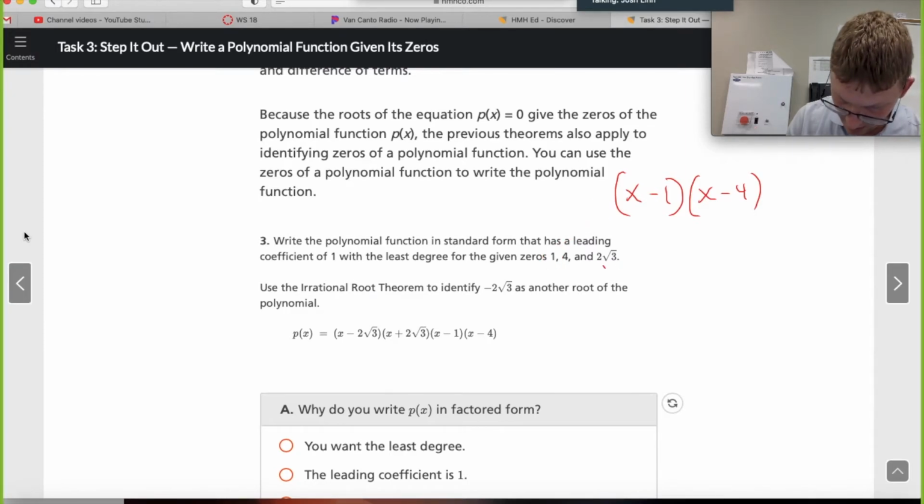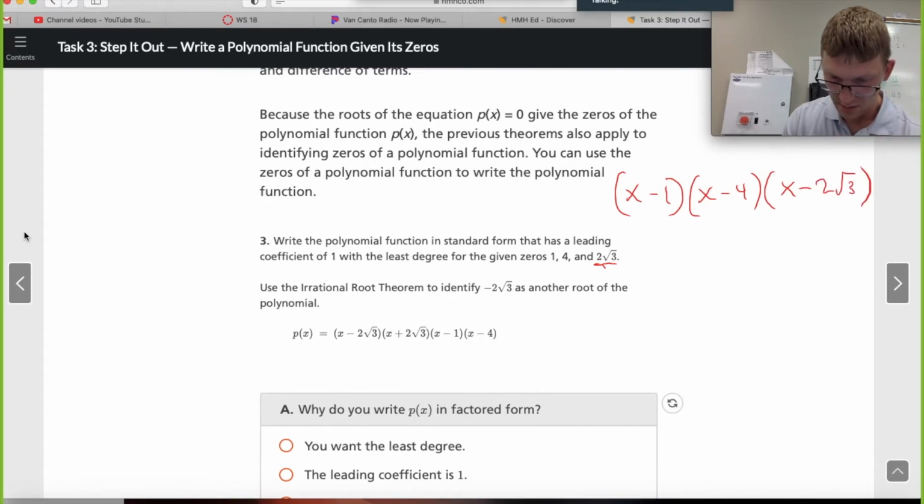Then we've got this guy, so we're going to have x minus 2 square root of 3, because this is positive, we plug that in there, we're going to get a root. However, because of the irrational root theorem, we also have, oh, I ran out of room, x plus 2 square root of 3.